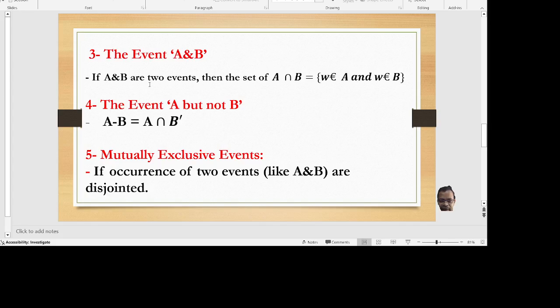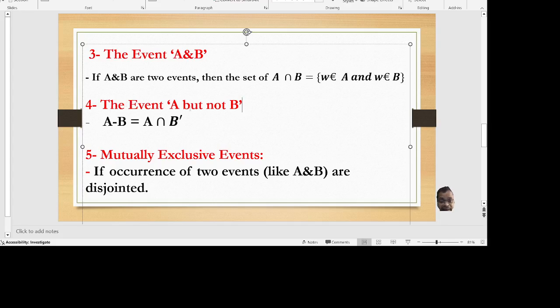Mathematically it is expressed as W belongs to A and W belongs to B. For A or B, W belongs to A or W belongs to B, that is the additive theory. Here in A and B, the common factors are found.